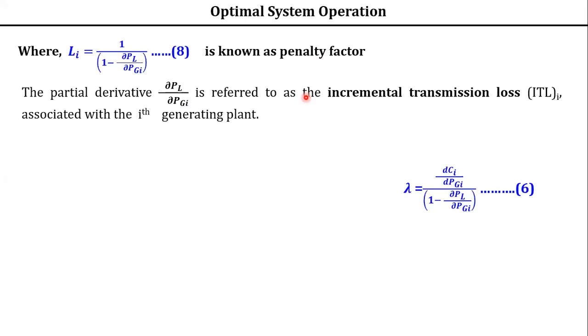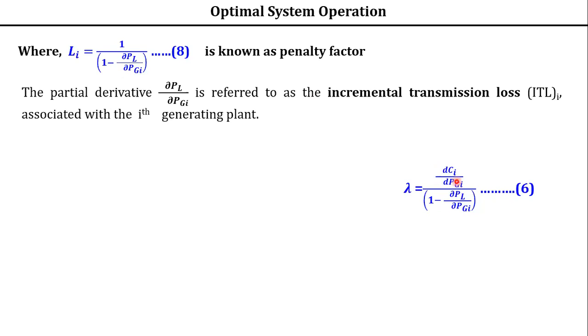Now the partial derivative ∂PL/∂PGi is referred to as the incremental transmission loss. You see here, this one, the partial derivative ∂PL/∂PGi is nothing but your incremental transmission loss. Understood? What is dCi/dPGi? It is the incremental fuel cost.